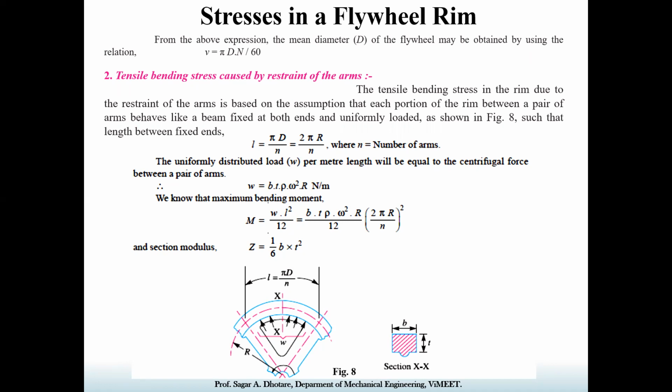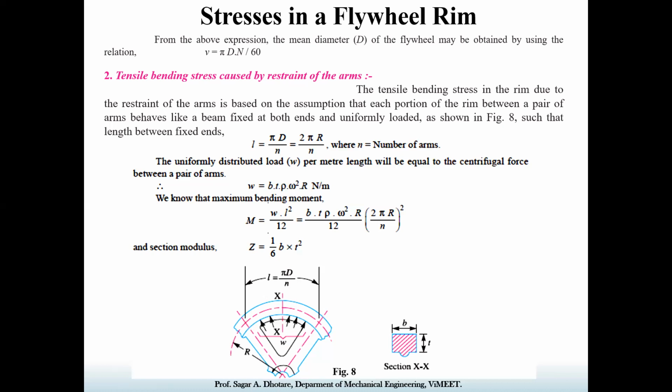The length between the fixed ends, L, is equal to pi D by n, where n is the number of arms. The UDL per meter length will be equal to the centrifugal force between the pairs, w equal to b t rho omega square R. Now the maximum bending moment M, as it is considered a fixed beam with UDL, is w L square divided by 12, that is b t rho omega square R L square divided by 12.